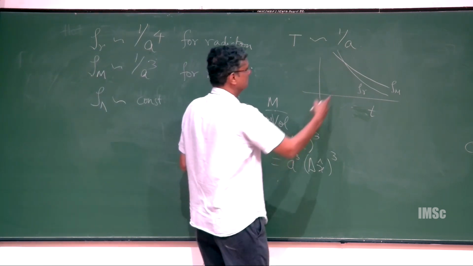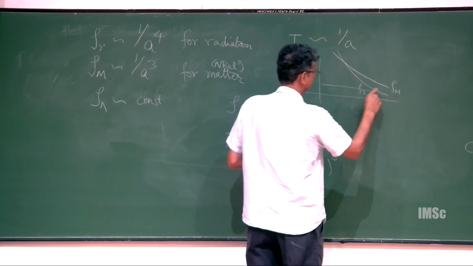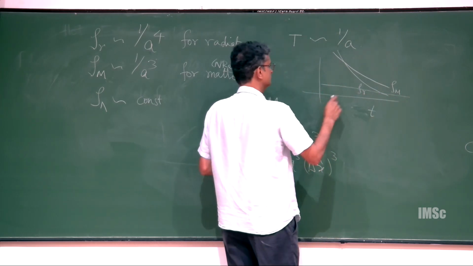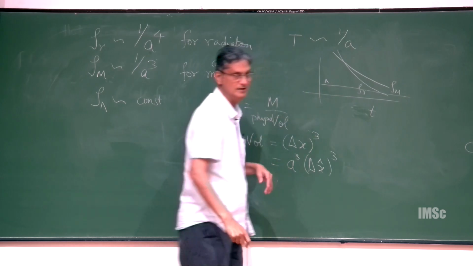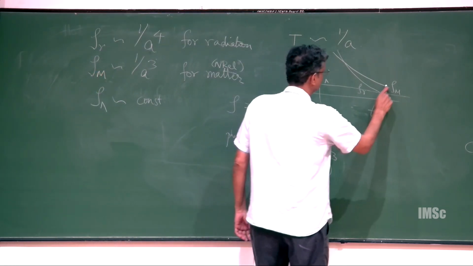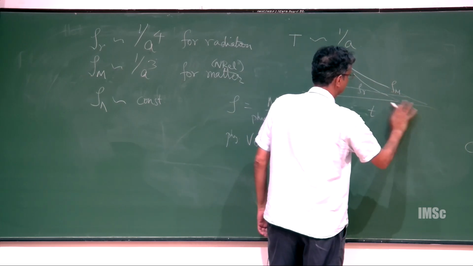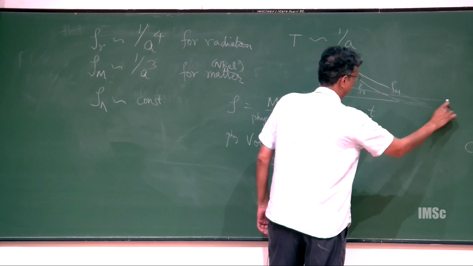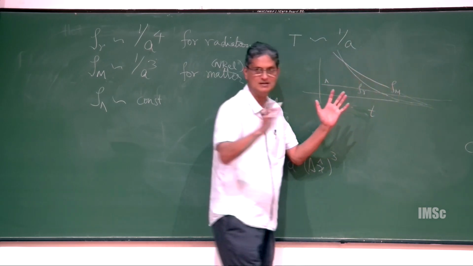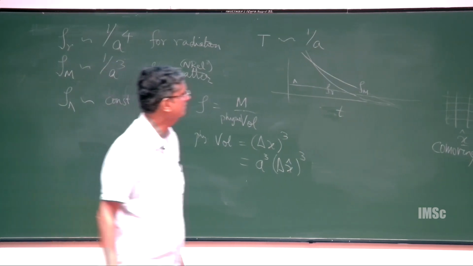And of course that lambda, this crazy beast, is always staying constant, right? It never redshifts. So this tells you that if you wait long enough, everything redshifts away to incredibly small values. All that you have left is this lambda.